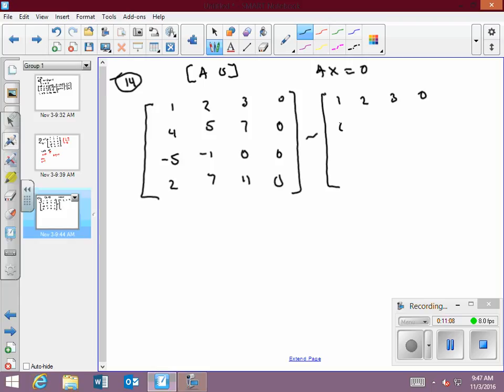This is going to be 0, so I'm multiplying the first one by minus 4. It's 8 minus 3. The first one by 5, so it's 0. Minus 9. 0.